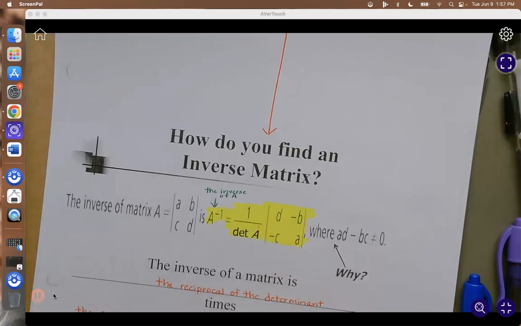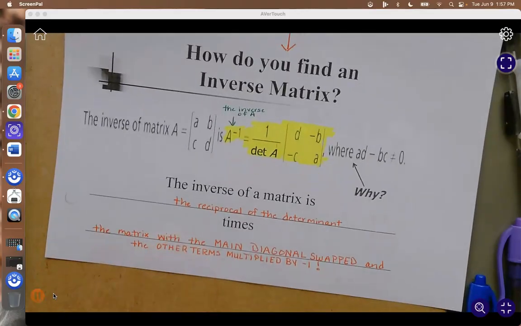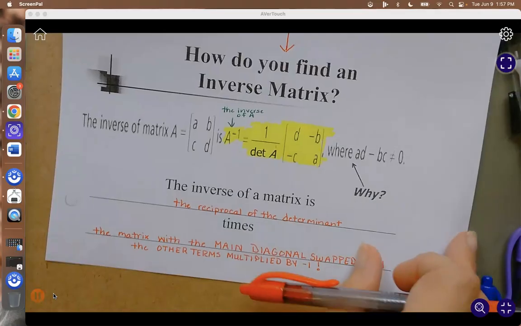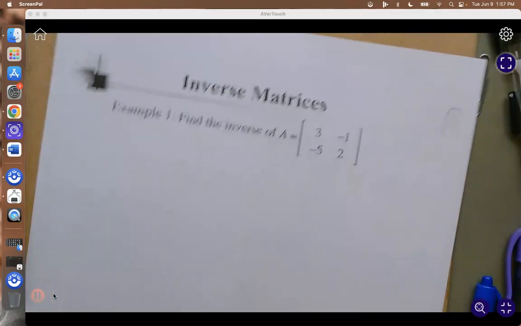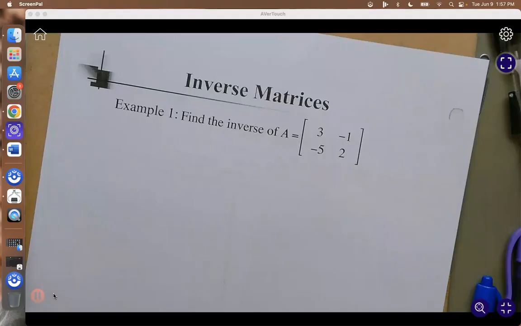So that means make them the opposite. Oops, and you can't see that. All right, so if you need to pause that, feel free to do so. All right, here we go. We're going to do 3 examples of this.